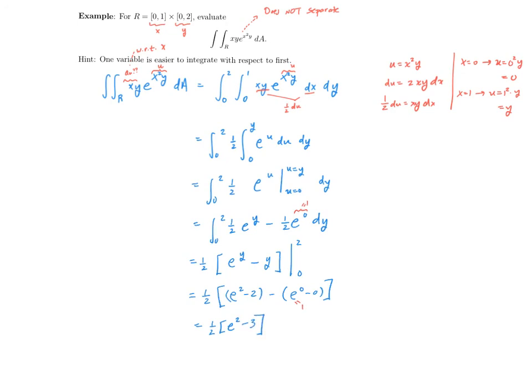And just to finish with an observation, remember if it did happen to separate, that would allow us to break it up into two single integrals, which is a nice scenario, but as we see very clearly here, will not always happen. Additionally, when we set up our order of integration, we would like to make the inside integral as simple as possible to evaluate.